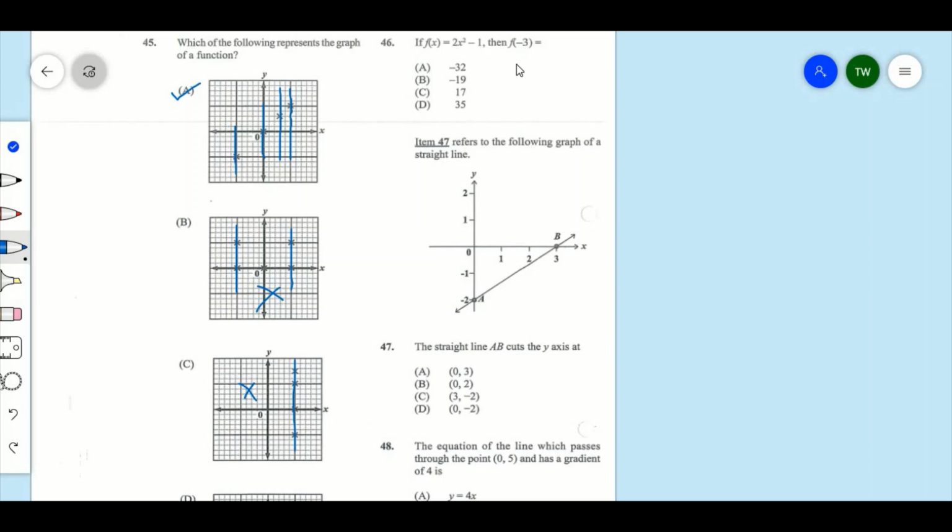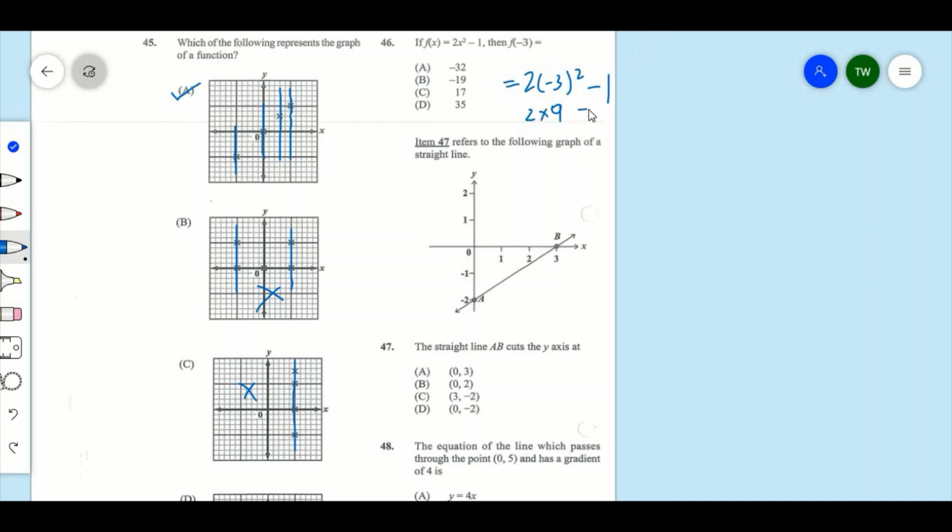So we know that f of minus 3 is therefore going to equal 2 open bracket negative 3 all squared minus 1. Negative 3 all squared means negative 3 times negative 3. So negative 3 times negative 3, that's going to give us a positive 9. And we must multiply that positive 9 by 2.